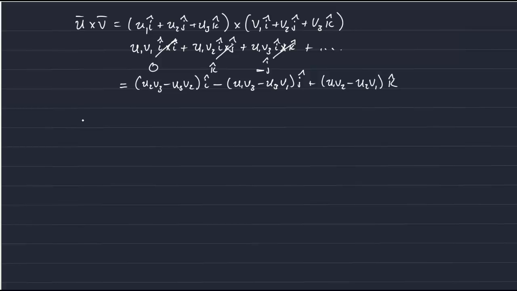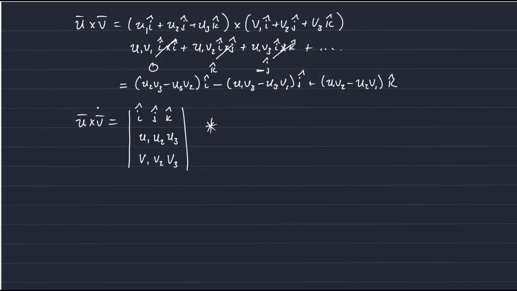And that is equivalent to taking the determinant of the matrix formed if you put as the top row the base vectors i, j, k, the second row the elements of the first vector of the cross product, in this case u, and in the bottom row the elements of the second vector, which in this case is v.